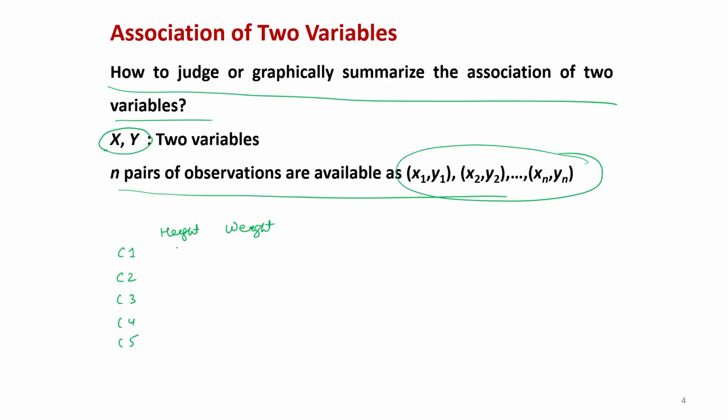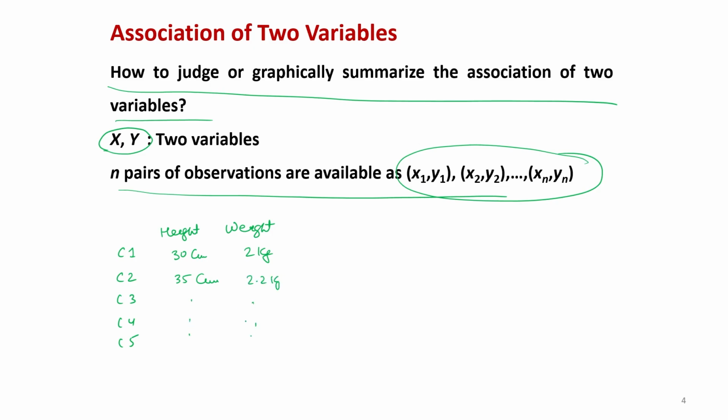Suppose it comes out to be 30 centimeters height and the weight is 2 kilograms. And suppose there is another child, newly born, whose height is 35 centimeters and whose weight is 2.2 kilograms, and so on.